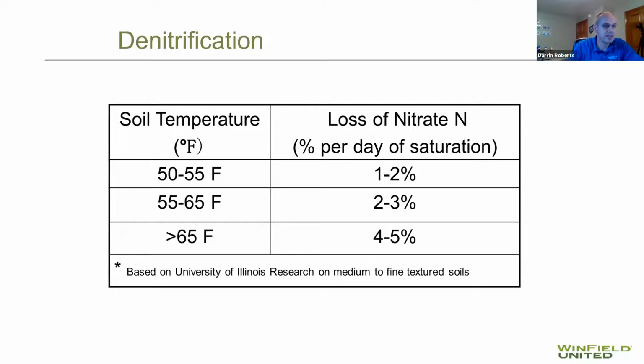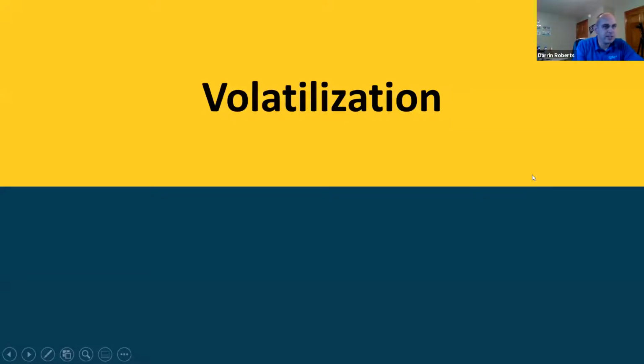It's a pretty quick process, can happen relatively quickly. You'll see here, even when we get in season, we're generally dealing with warmer soil temperatures. Every day in saturated soil conditions, we'd be losing 5% of our available nitrate in those conditions. So our losses can add up pretty quickly from denitrification.